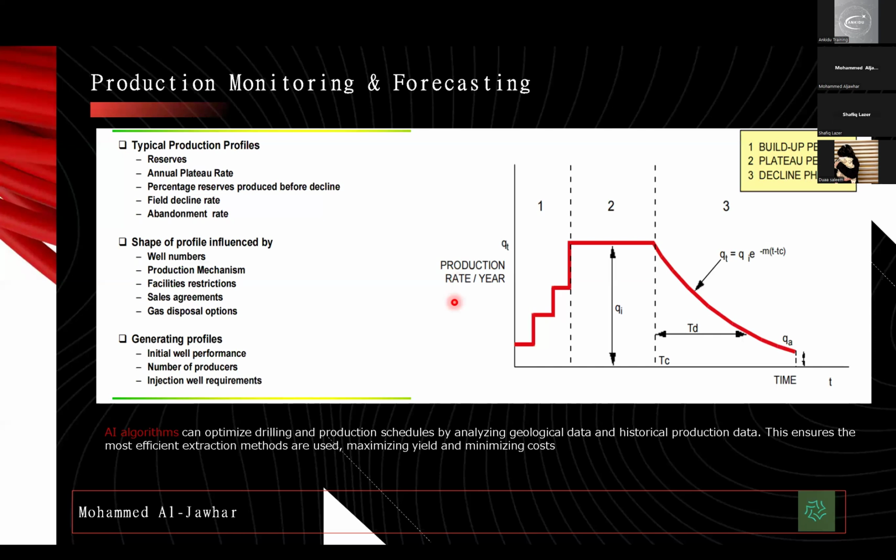You have to think about the field decline rate, how long it will be, and why the production started declining. What is the technique you have to follow to know exactly when this starting time is? You have to gather all the information and generate the prediction to know exactly how you can keep it stable as it is.